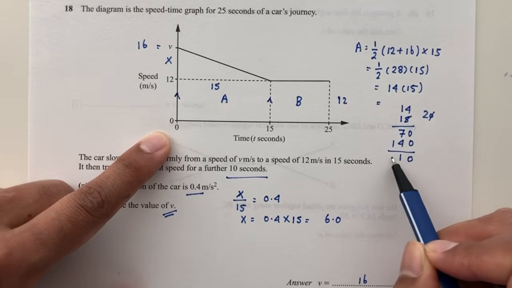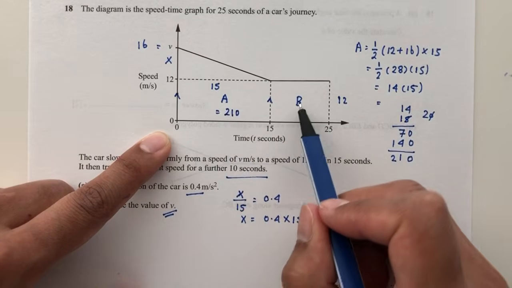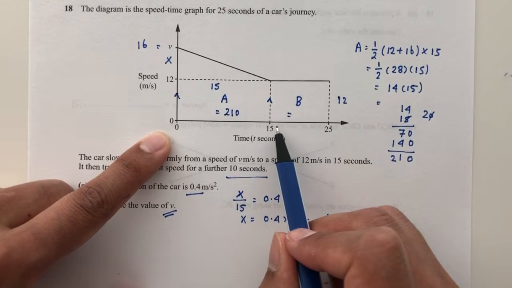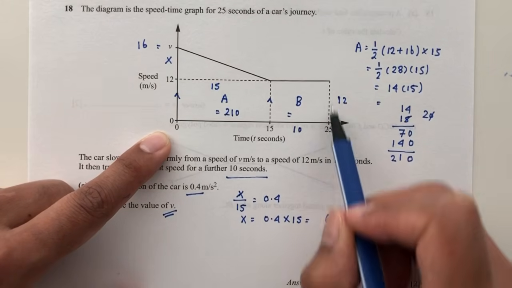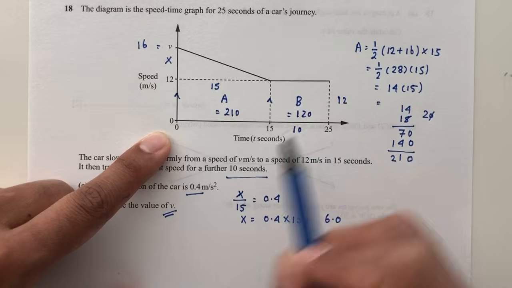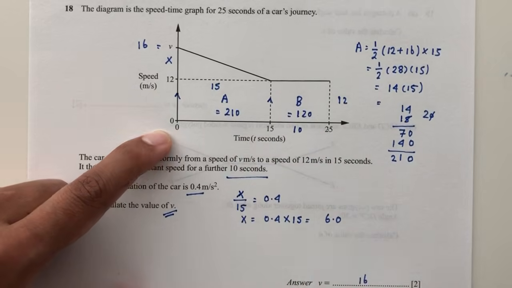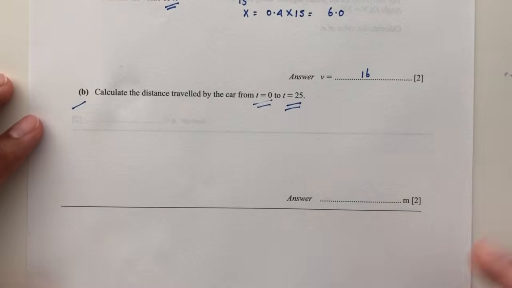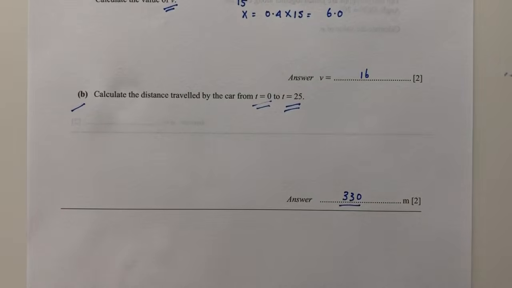So this is 210. What is the area of B? This length here is 25 minus 15, that will be 10, so the area is 120. So distance traveled will be A plus B, so 210 plus 120, that will be 330. Okay, that is question number 18.